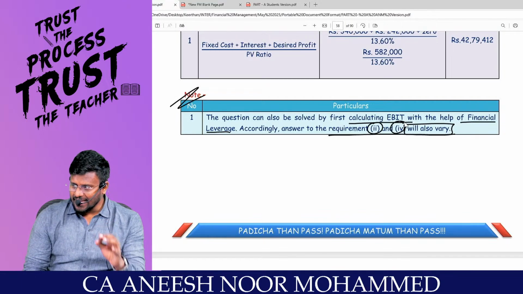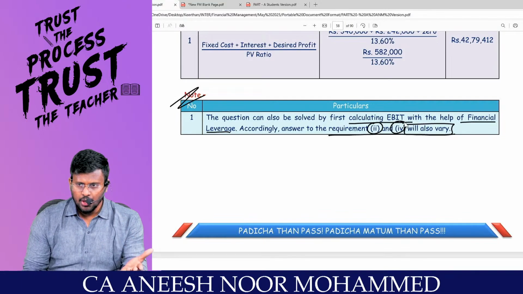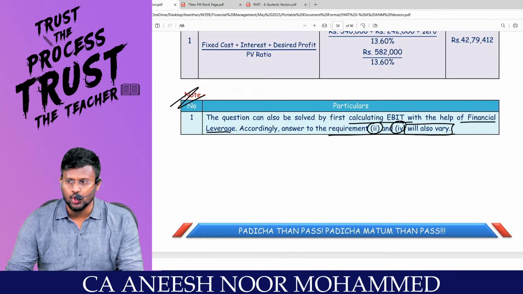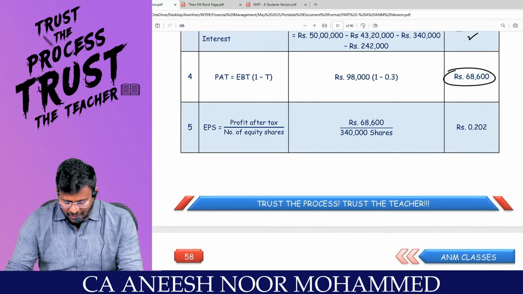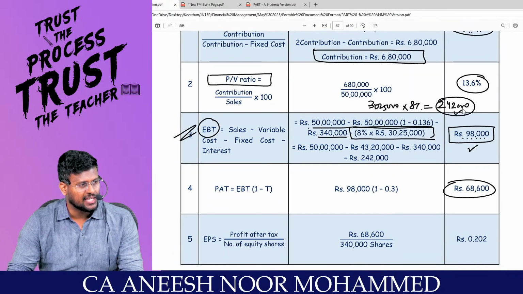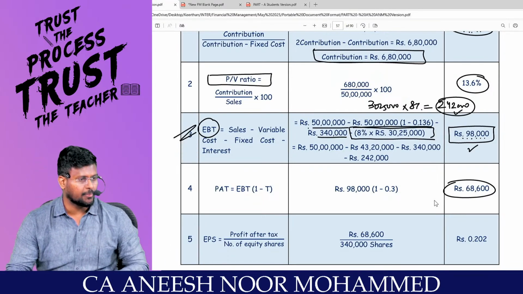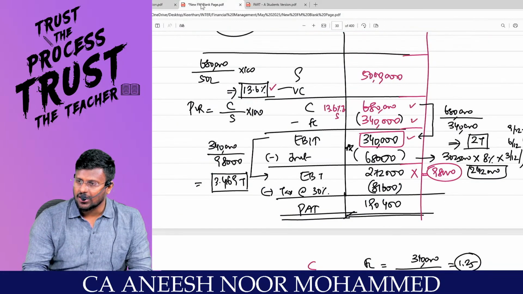That means they are saying that instead of traveling through the fixed cost approach, you can travel through the interest approach also. If you are traveling through the interest approach, you will assume 2,42,000 as the interest. Then financial leverage will match, operating leverage will not match. As per our answer, both are matching.